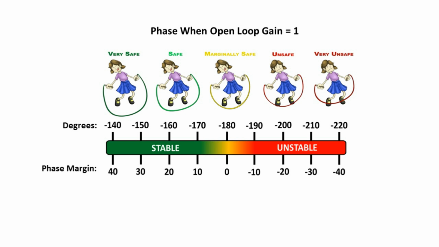If the system is at negative 130 and the instability borderline is negative 180, from negative 130 to negative 180, we call it a phase margin of 50, which is good. So it's a positive phase margin. The phase is closer to zero than negative 180. On the other hand, if the phase is more negative than negative 180, it becomes unstable. We call it negative phase margin.